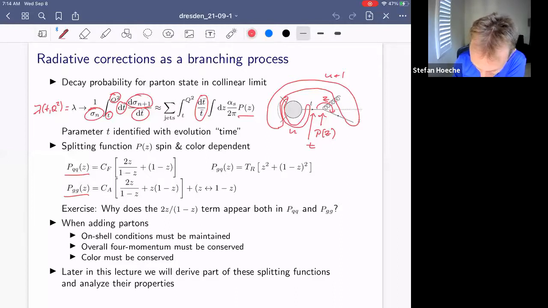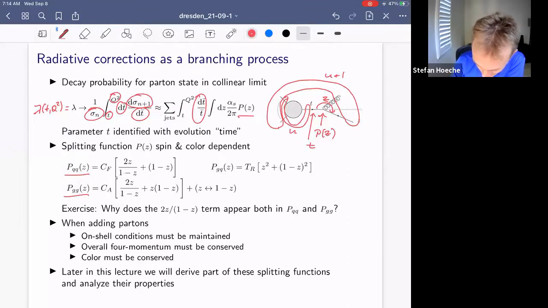Okay, so what's very interesting about this is, let me try and sketch this again. Over here we have a logarithmic integral, and this is really because the hard matrix element is proportional to 1 over t bar, which comes from the propagator factor.